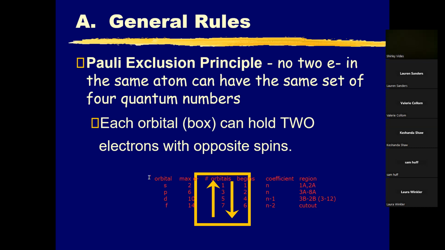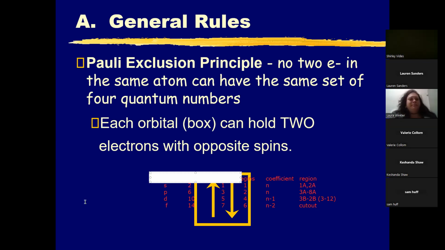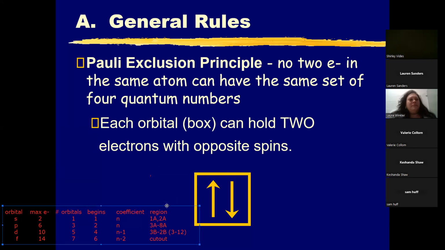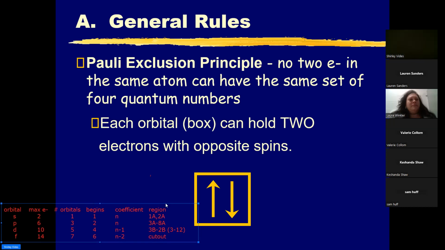If I put a text, it'll just do a new one. Maybe I can select. Let me see. Aha, I can move it now. There we go. I just want to move it out of the way so you can read everything. We'll leave them there for now.